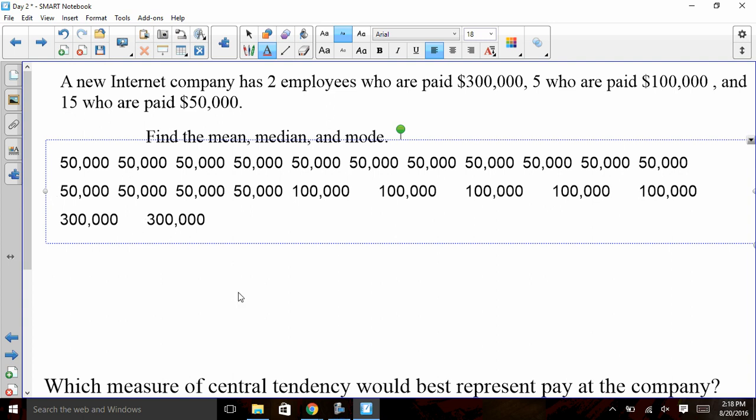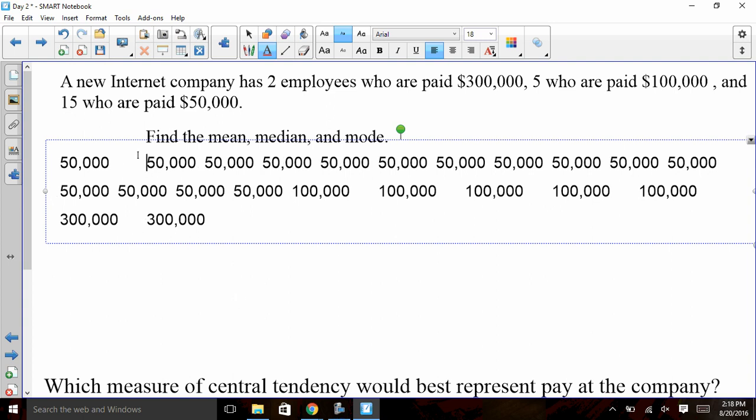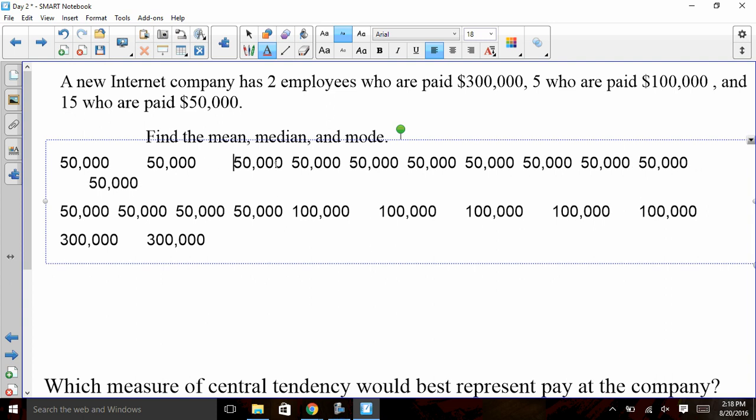Okay. I'm going to split this up a little bit because it's very close and it's kind of hard to see. And I want to make sure that no one gets dizzy trying to look at all these different values.